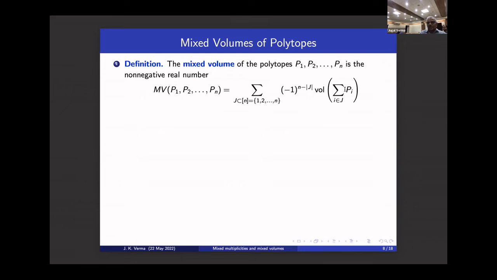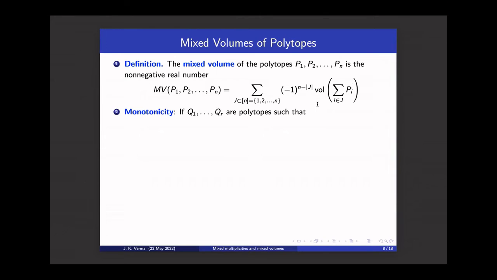Take the volume of this polytope, but multiply this by -1 to the power n minus the cardinality of J, where I'm taking the Pi's, where i varies over J, and J varies over all subsets of 1 up to n. So it is an alternating sum of real numbers. It's not clear whether it is non-negative, but one proves in classical convex geometry that it is a non-negative real number.